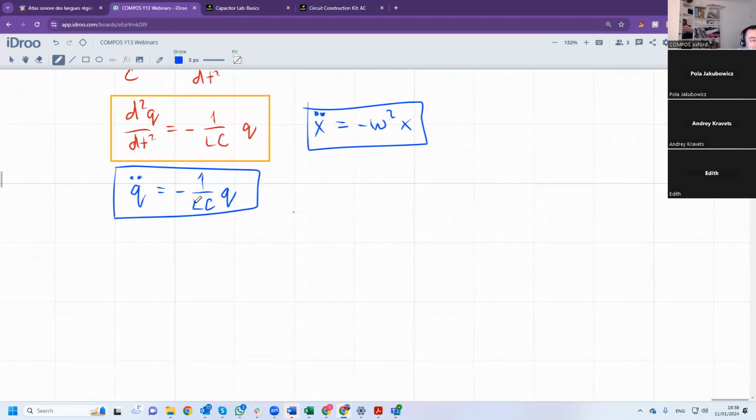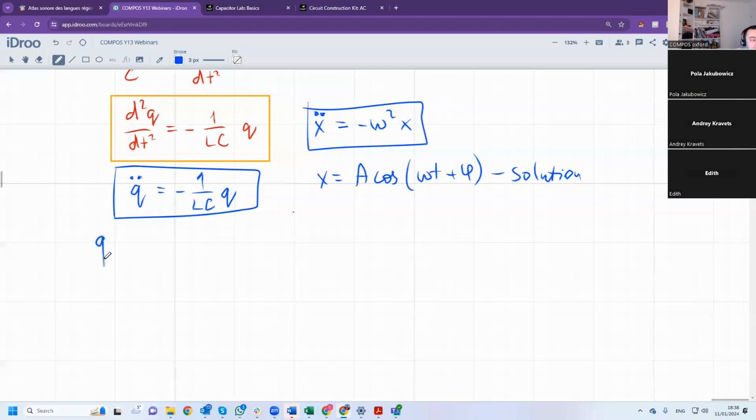And we know the solution to this equation: x is equal to A cos(omega t plus phi) is a solution.